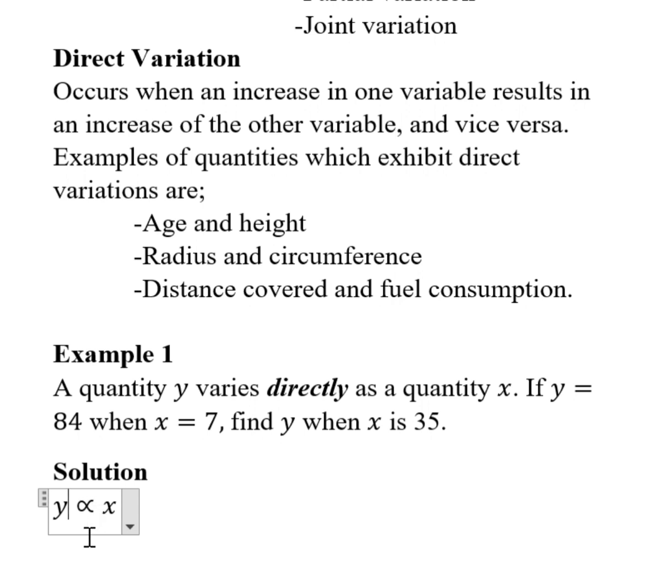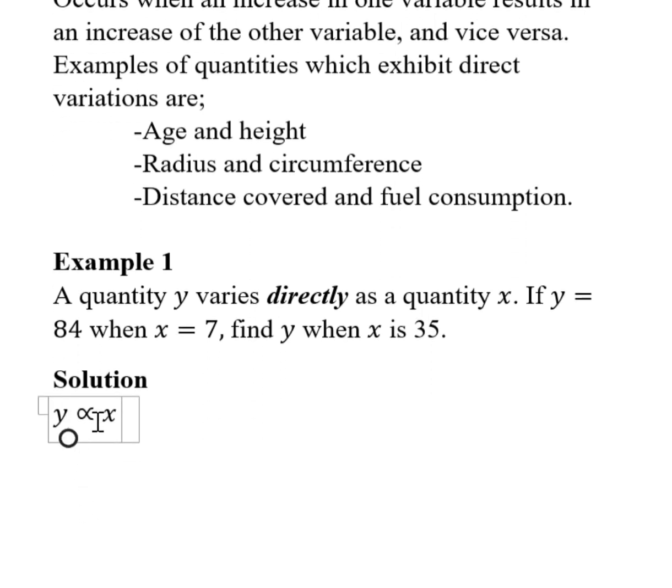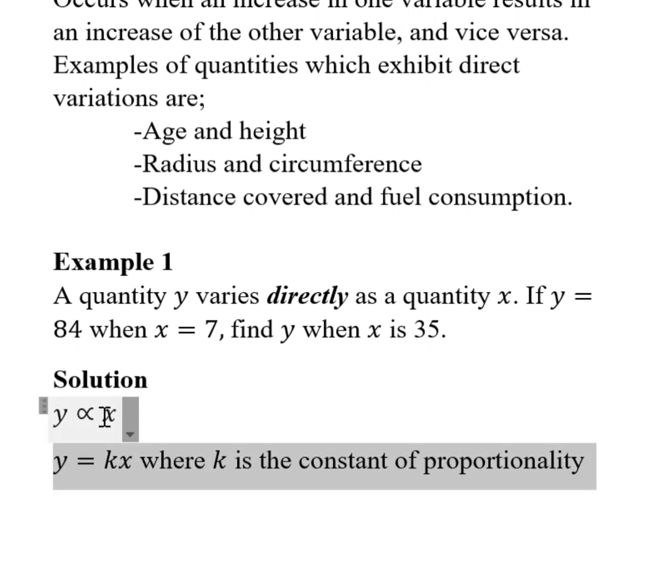The next thing we do is change this to an equal sign, and the moment we change this variation sign to an equal sign, we have to introduce a constant. So that will be y is equal to kx. K is a constant of proportionality. It simply means a coefficient of x.